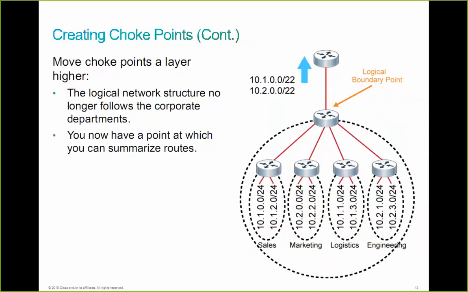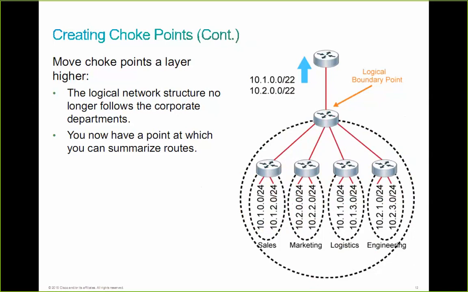In this particular case, we didn't change our address space. We created our choke point at this layer instead of at a lower tiered layer. That might work for us because maybe that's a good place to perform summarization. Maybe we're not concerned about summarizing just a couple of subnets on each of these lower tiers. We want to summarize at a higher tier, and that's fine.